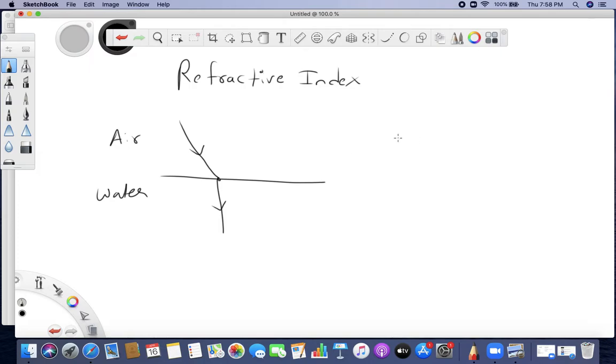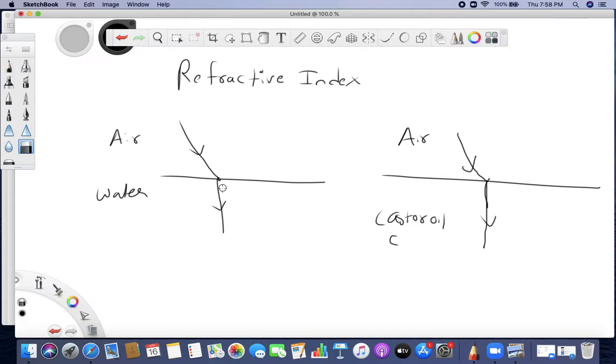But if light moves from air to castor oil, whose density is more than water, then the light will bend more towards the normal. Why? Because the density of castor oil is more than that of water.